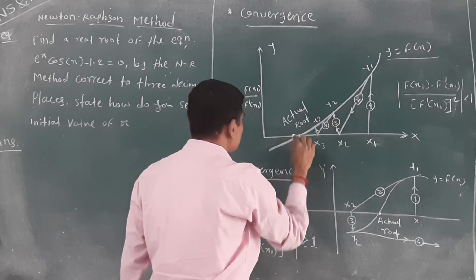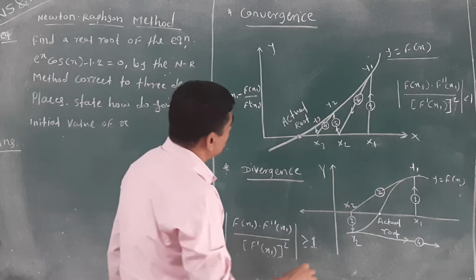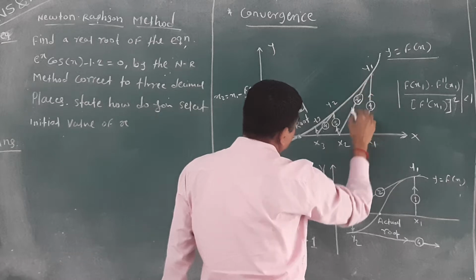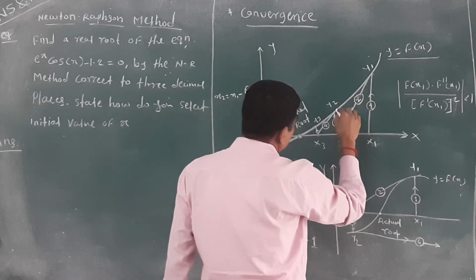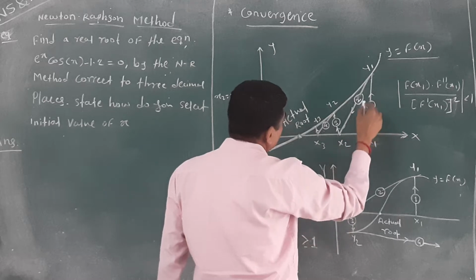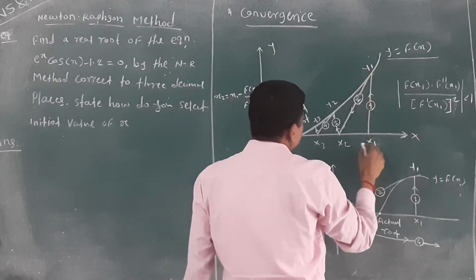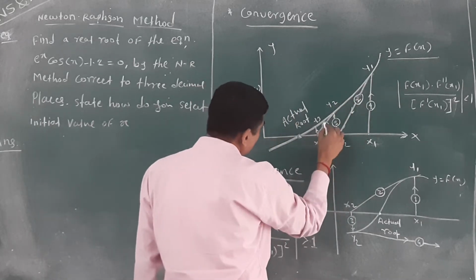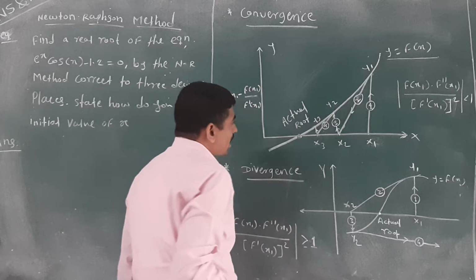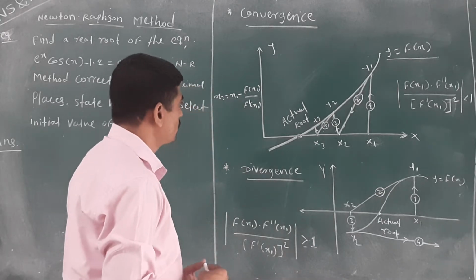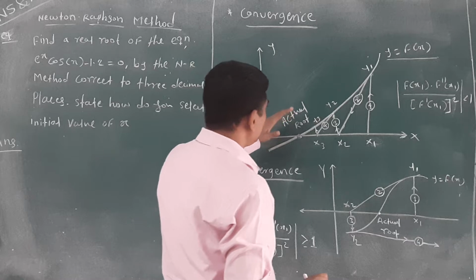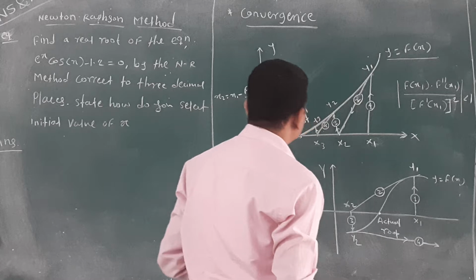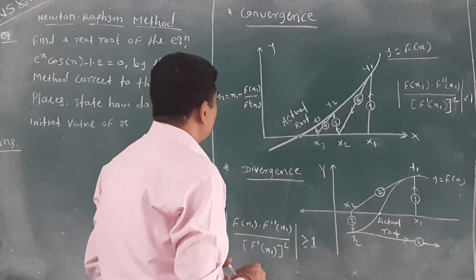Where is the actual root? Here is the actual root. When you draw the tangent at the point y1, you will get the second one. Again we draw the tangent to this curve, and you will get different values x1, x2, x3 respective to y1, y2, y3, and we are getting close to the actual root. Hence, convergence occurs in this case.